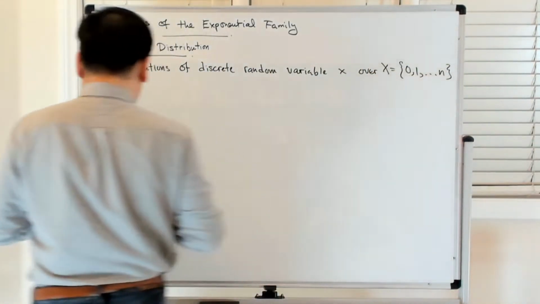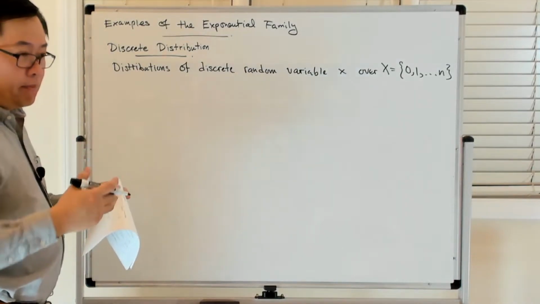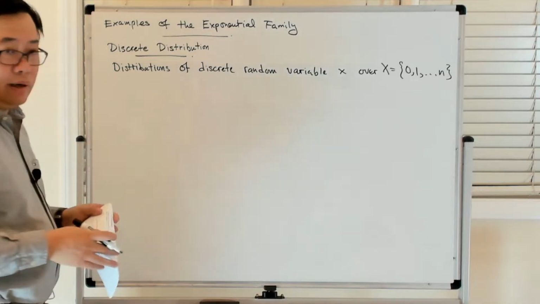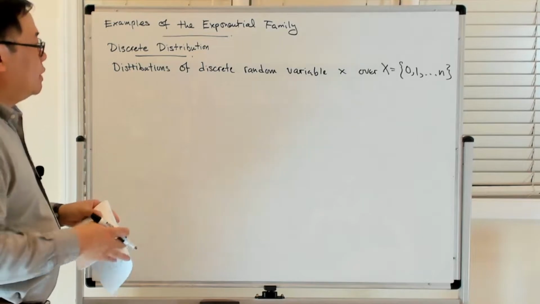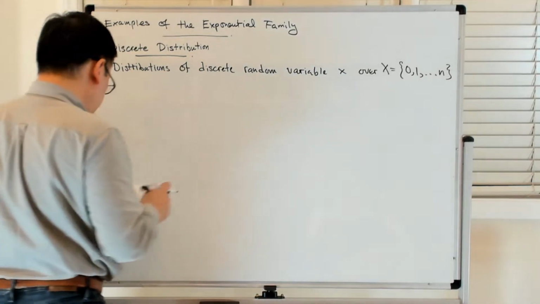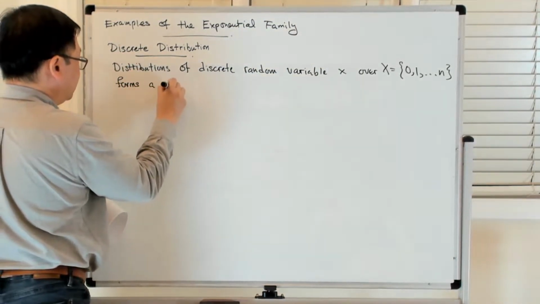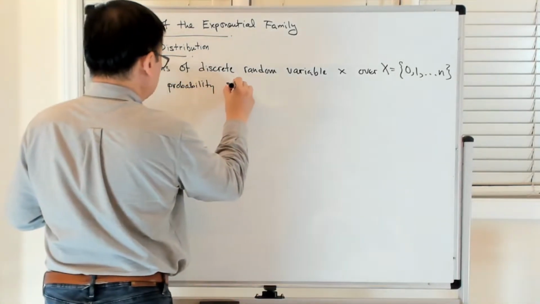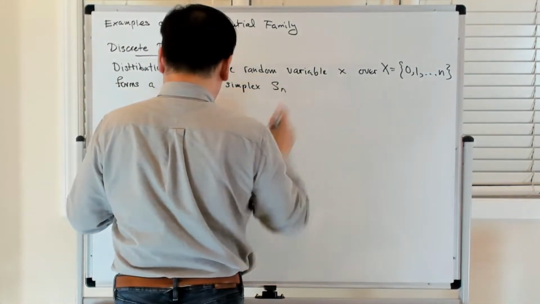Because the probabilities associated with each of these possible n plus 1 outcomes are non-negative and sum up to 1, they form what is called a probability simplex, which we denote by S sub n.